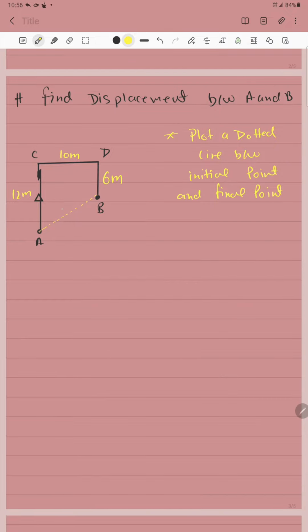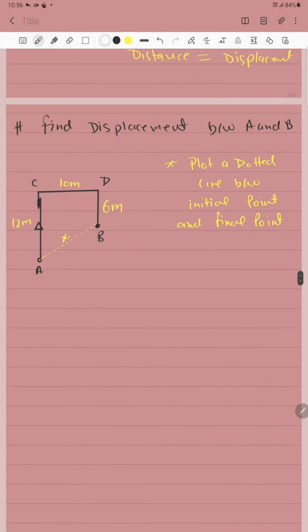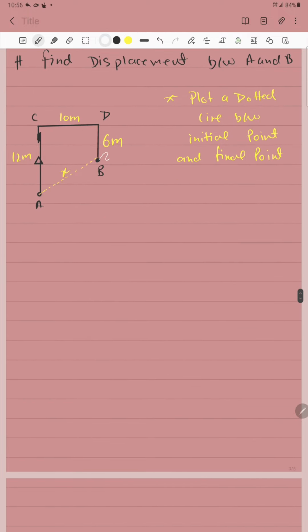You need to calculate this x, right? How can you calculate this x? Like this. Suppose I extend this in this way, and I extend this like this, right, then this point will be B dash, right? And you can clearly see this is 10 meter, and this will also be 10 meter. This complete left hand side is 12 meter, then this will be 6 meter.